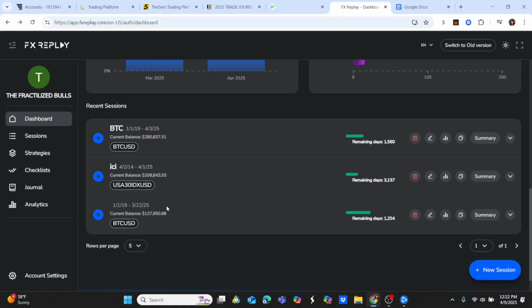If you are a higher time frame trader, let's just say you're a swing trader, right? You may be waiting days, weeks, possibly months for a setup, right? But during backtesting, all that happens quick.